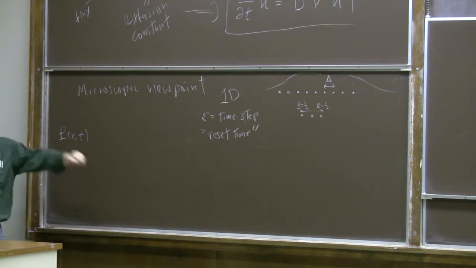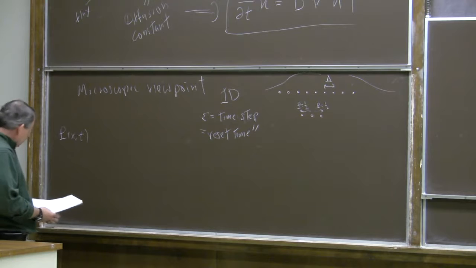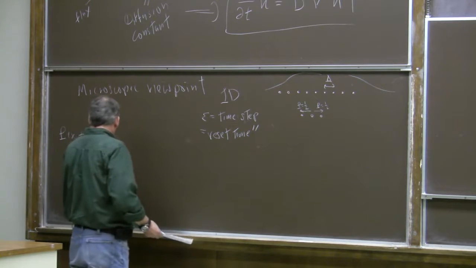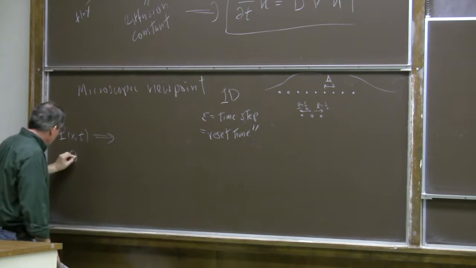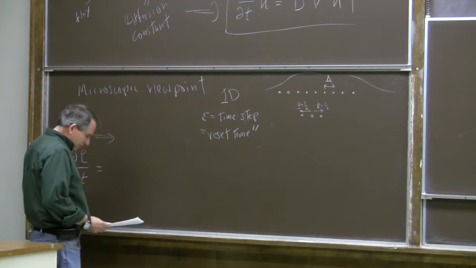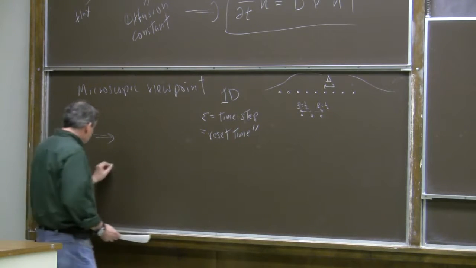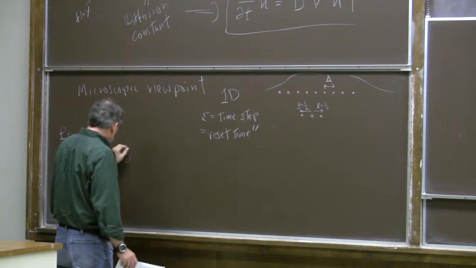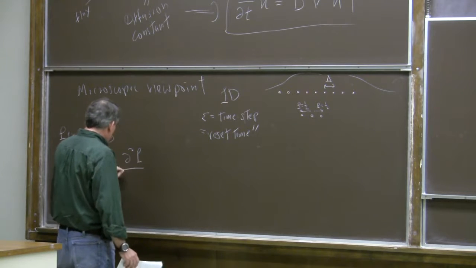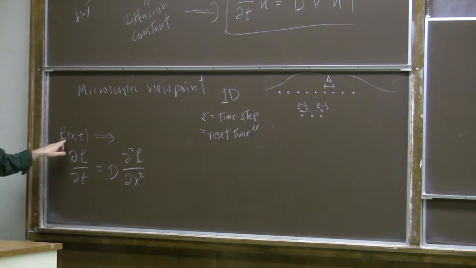But if we take the formal limit in which the steps are small, we obtain a differential equation, which is just the diffusion equation satisfied by the probability distribution. The time derivative of the probability distribution at a particular site is given by the diffusion equation. In this case, we're in just one dimension, so it's the second partial derivative with respect to x of this function of x and t.